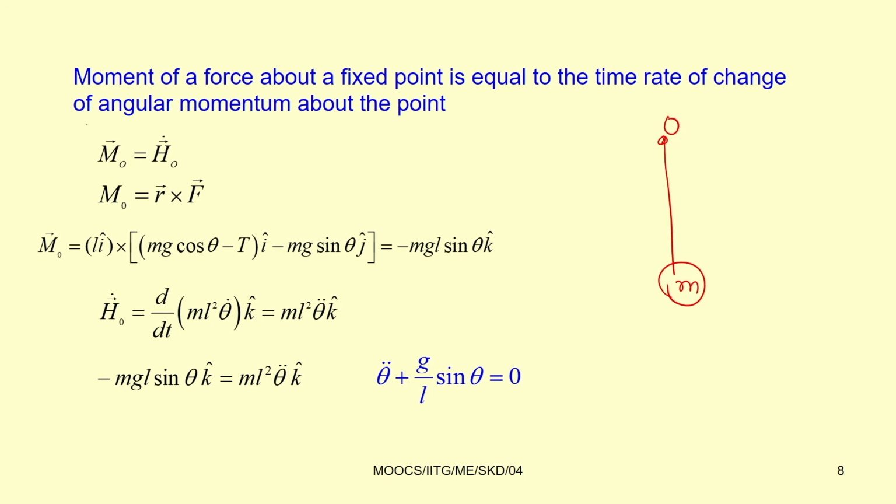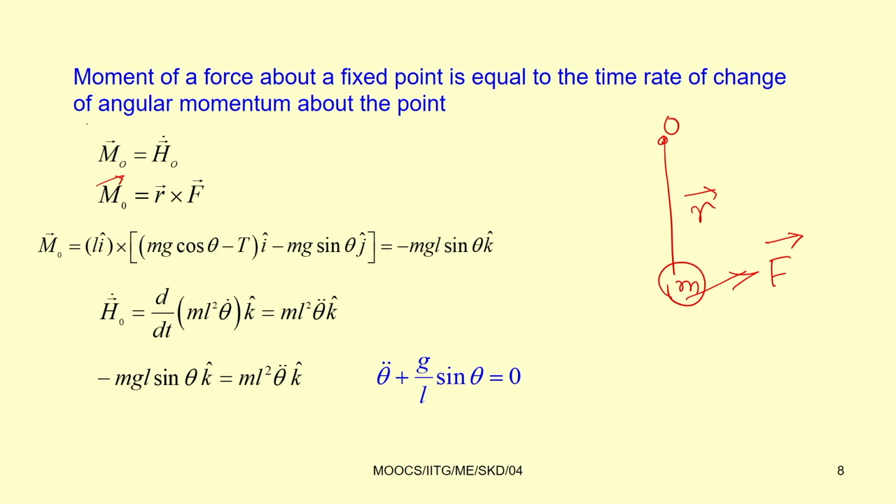M0 equals r cross F, where r is the position vector and F is the net force acting here, for which we already have the expression. M0 is a vector.